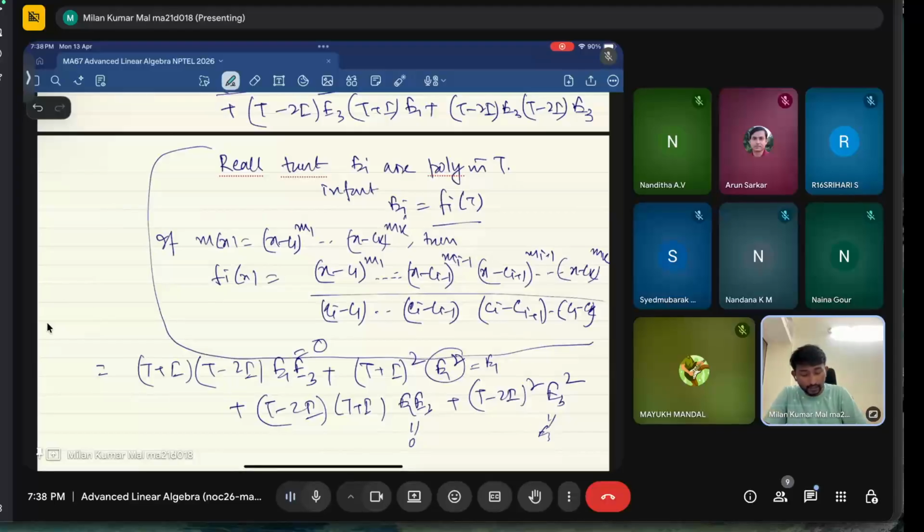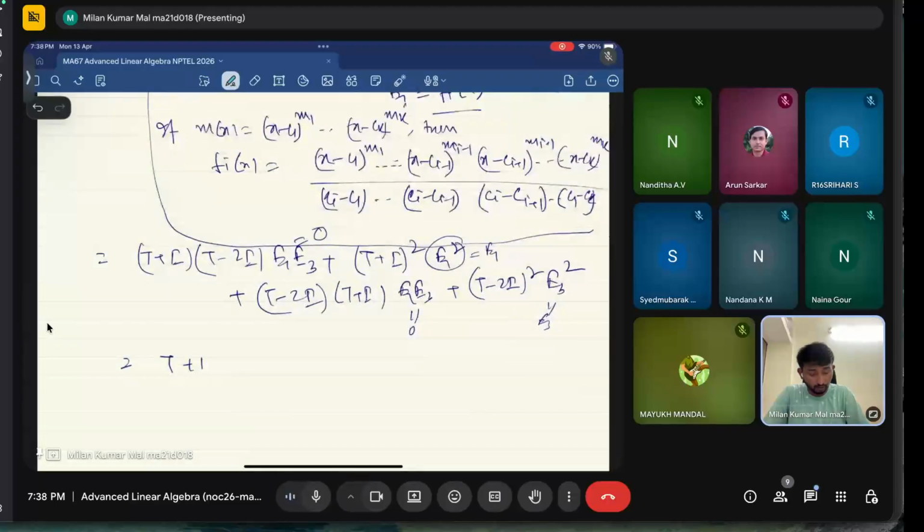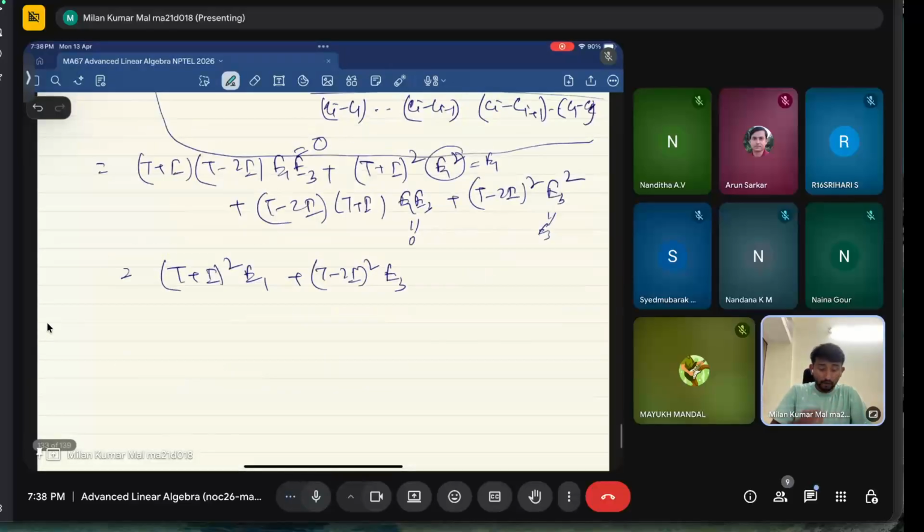So therefore we can write this as, okay, I think I made a little mistake. No, I have not made a mistake. (T plus I) squared E1 plus (T minus 2I) squared E3. Now look carefully. This is the matrix which is actually equal to 0. Why is this 0?